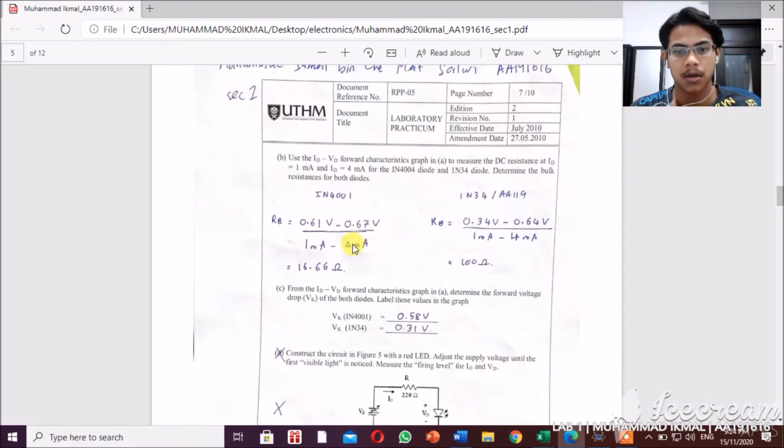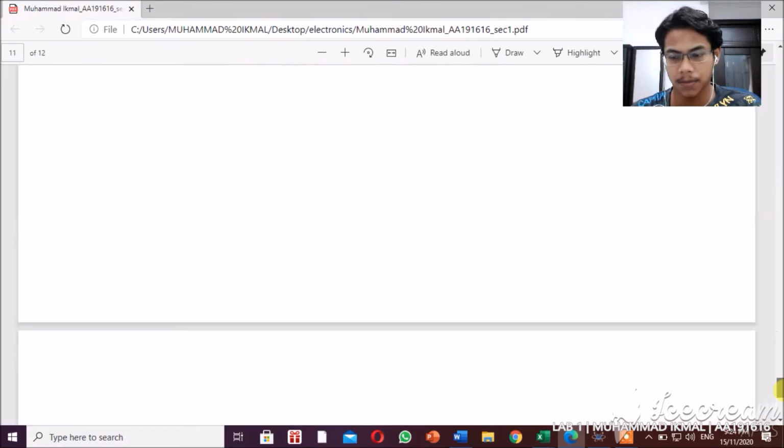So the question is asking for the bulk resistance for silicon diode and germanium diode, and the bulk resistance that I get for silicon diode is 16.66 ohm, and bulk resistance for germanium diode is 100 ohm. So let's see at my graph that I plotted myself.